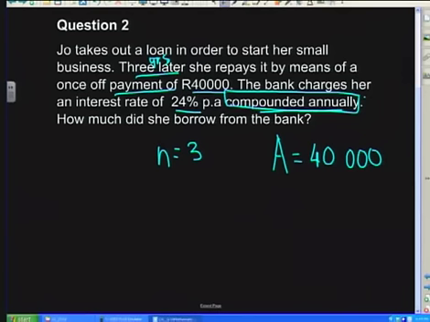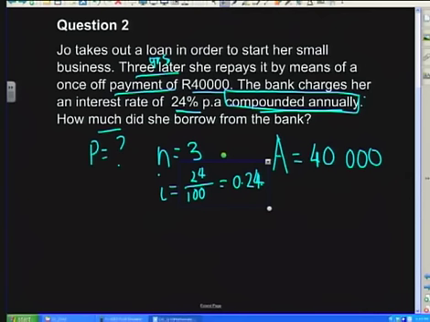The bank charges her an interest rate of 24% per annum, so therefore I is going to be 24 divided by 100, and that will give me 0.24. That's the interest rate that the bank has agreed to, and they want to know how much. So in other words, what is P? How much did she borrow from the bank?